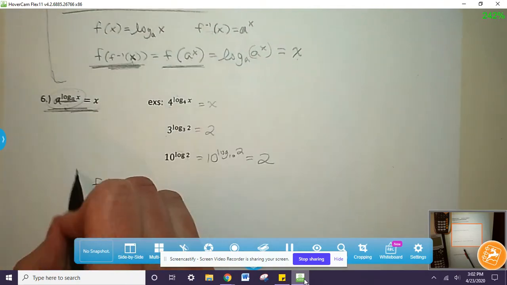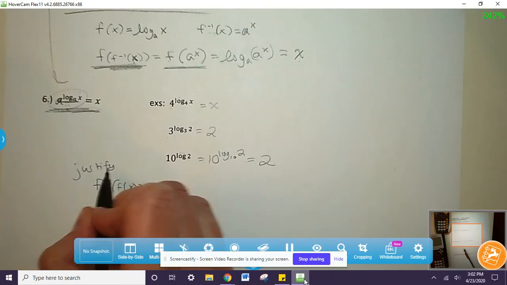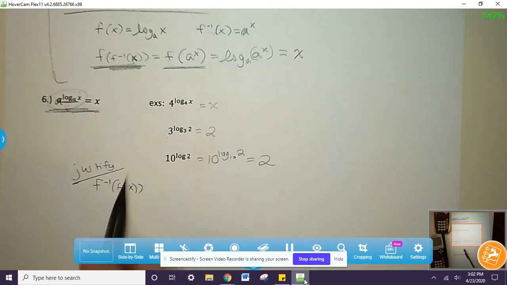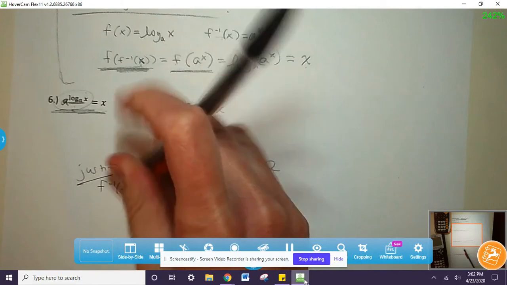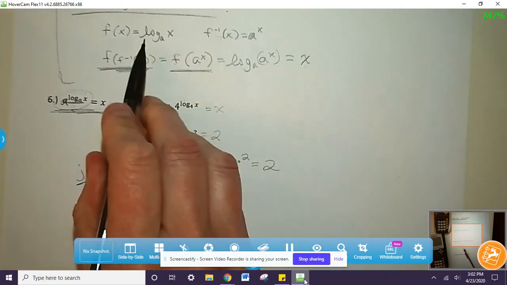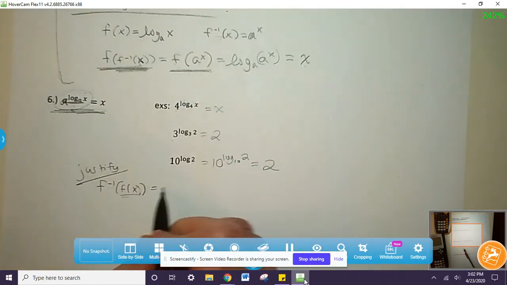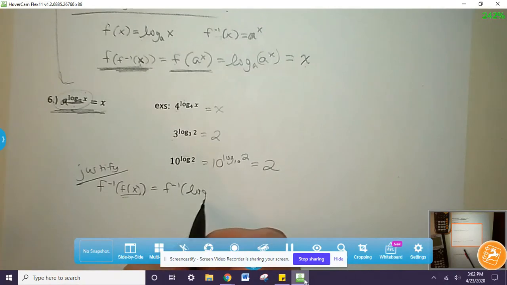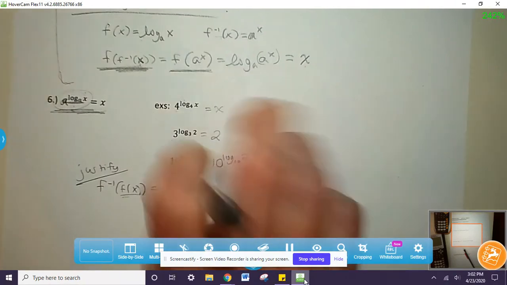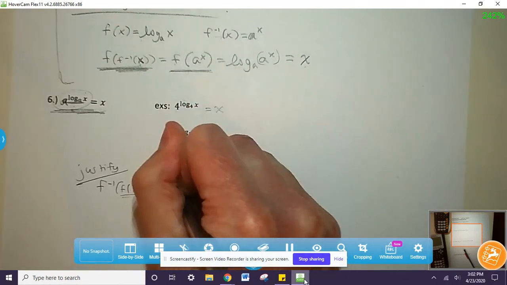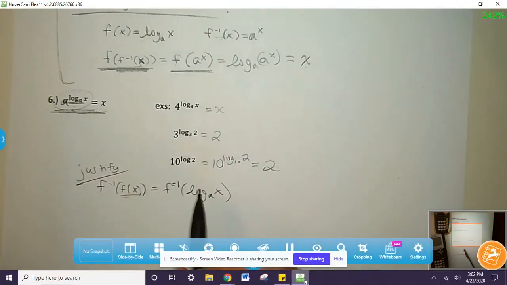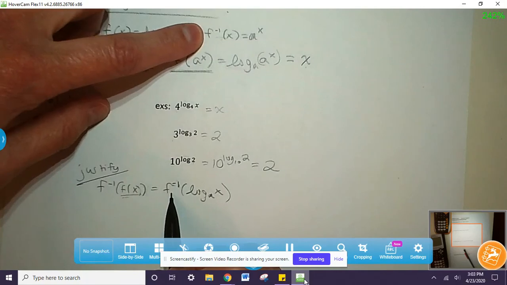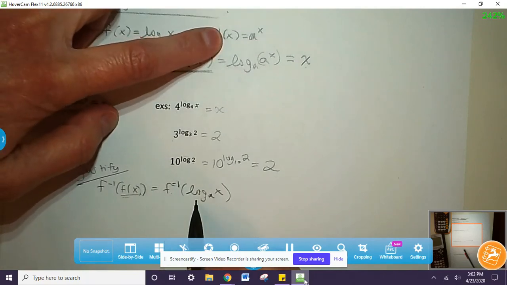So to justify this property, it's f inverse of f of x. And from the way that I labeled them, f of x is log base a of x, so I'm going to replace that. And then f inverse of log base a of x tells us to go to f inverse, and instead of x, put log base a of x.